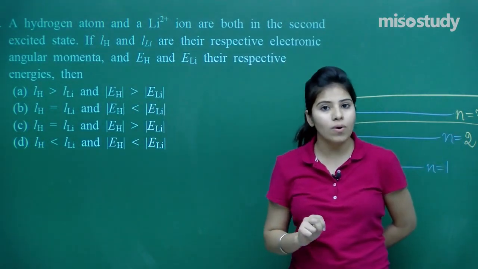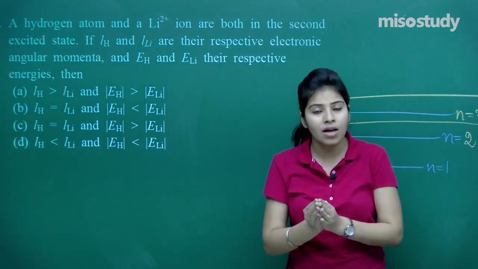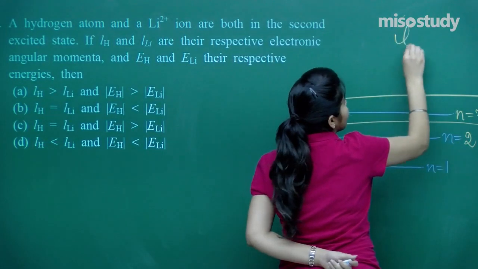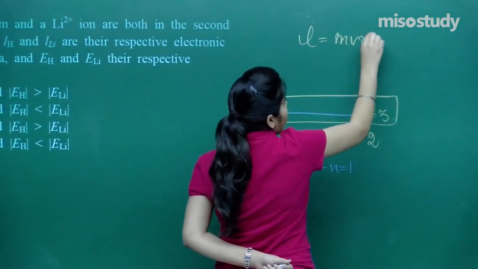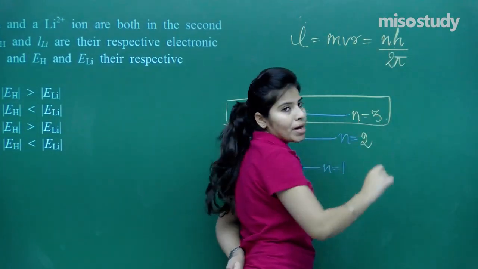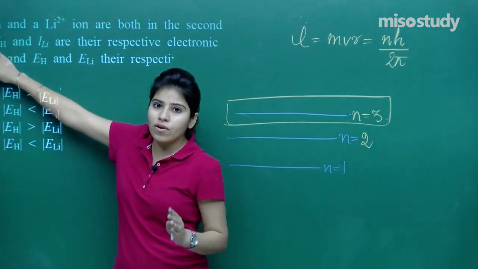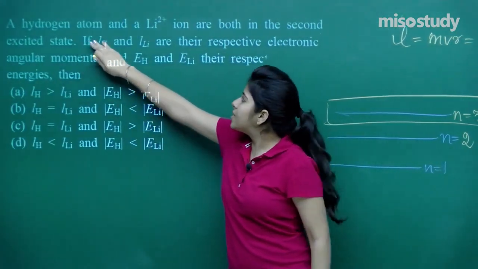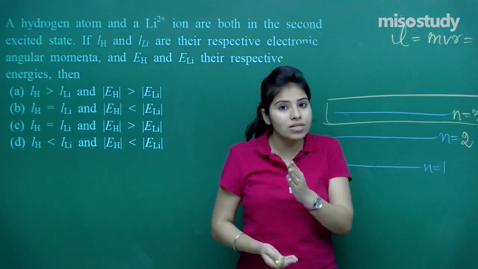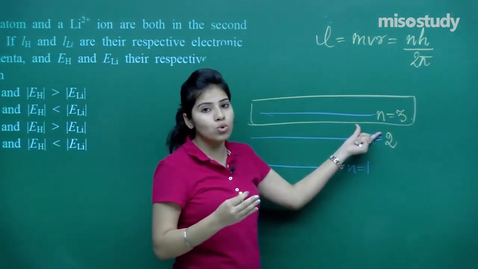Let me tell you one thing. We have one formula of angular momentum. What is this formula? We have learnt it in the chapter. Let me write over here, L equals mvr, or you can write it as nh upon 2 pi, right? So in the very beginning they have made clear that your n will be 3, because they are saying that they are both in the second excited state, and from this information we have got to know that our n will be equal to 3.